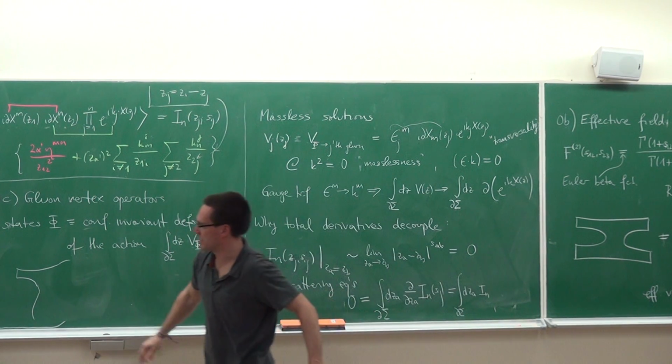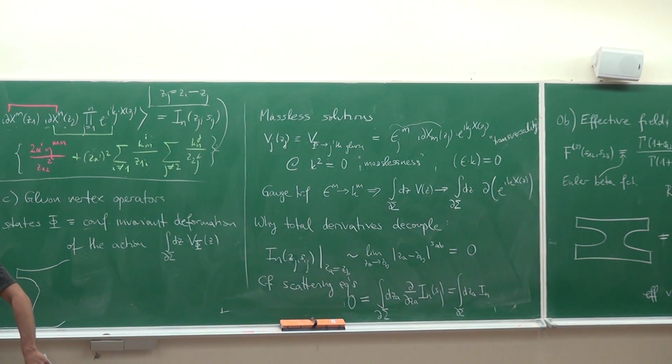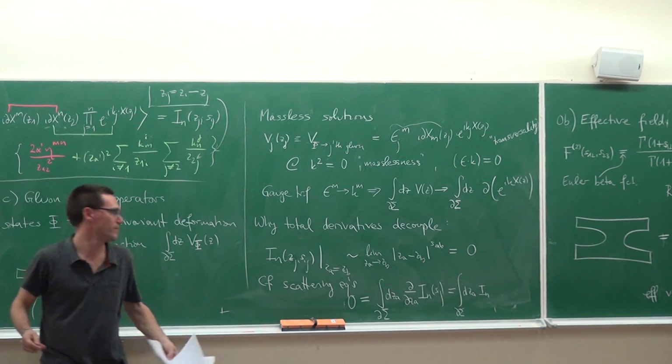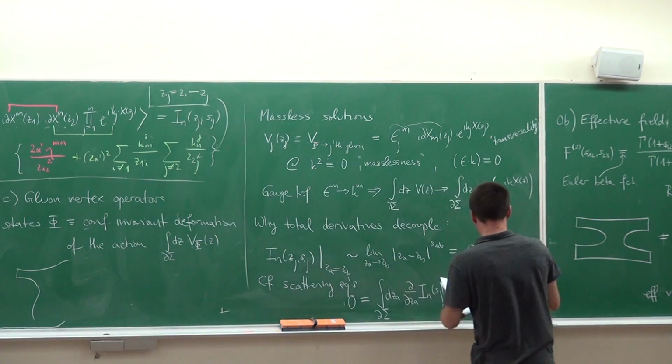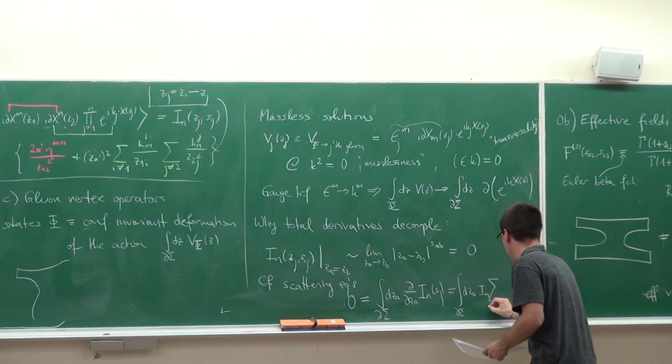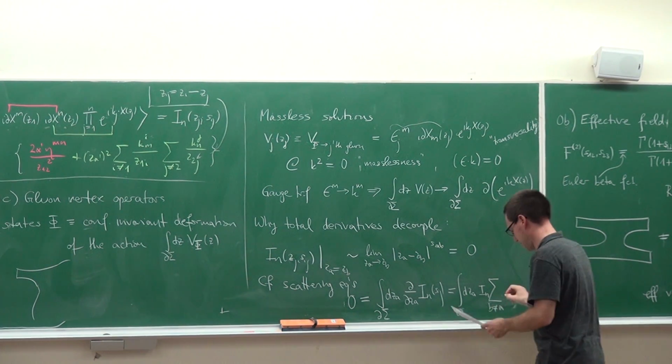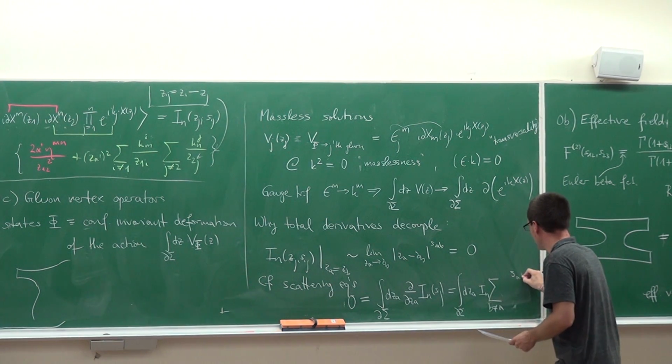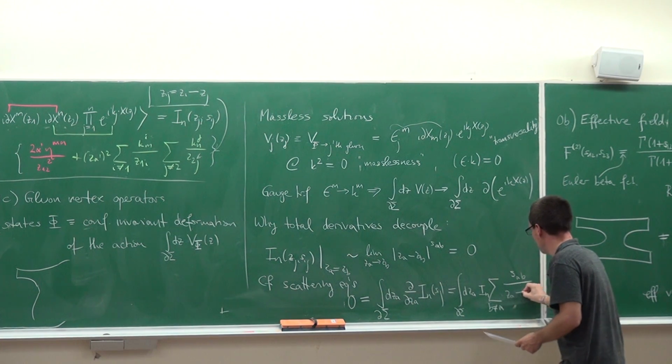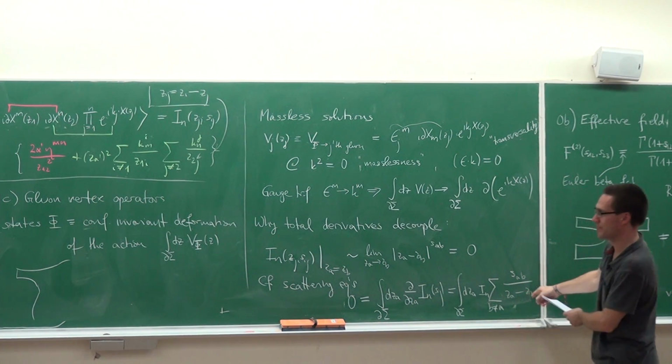If you look at its explicit form, if I differentiate with respect to any of the worldsheet punctures, say the a-th one, what I get is that guy.